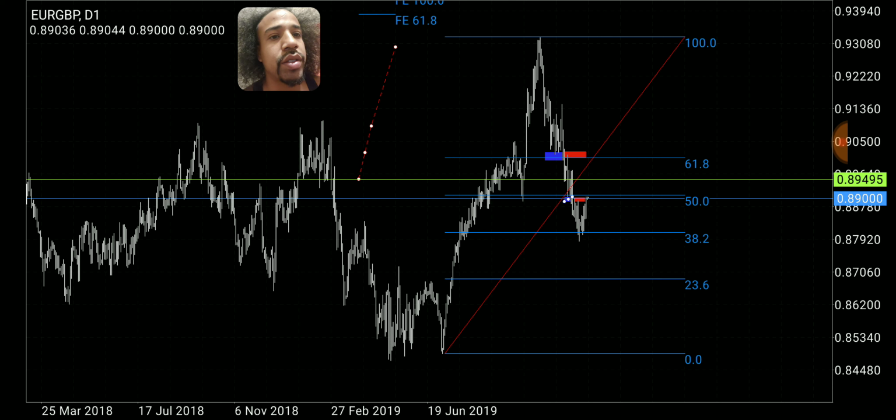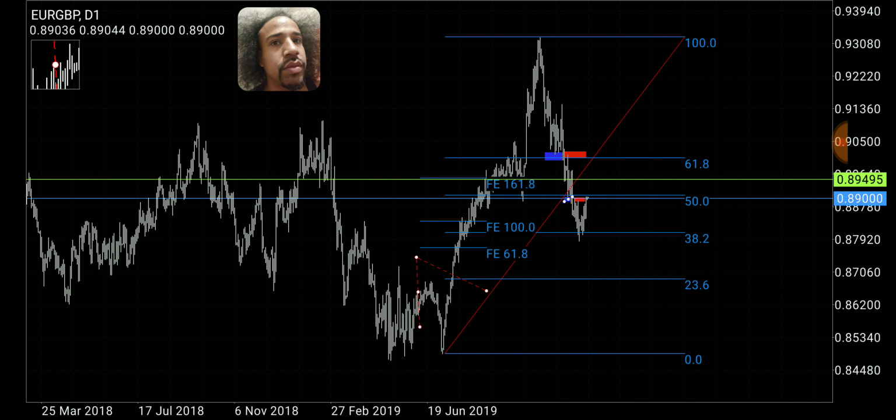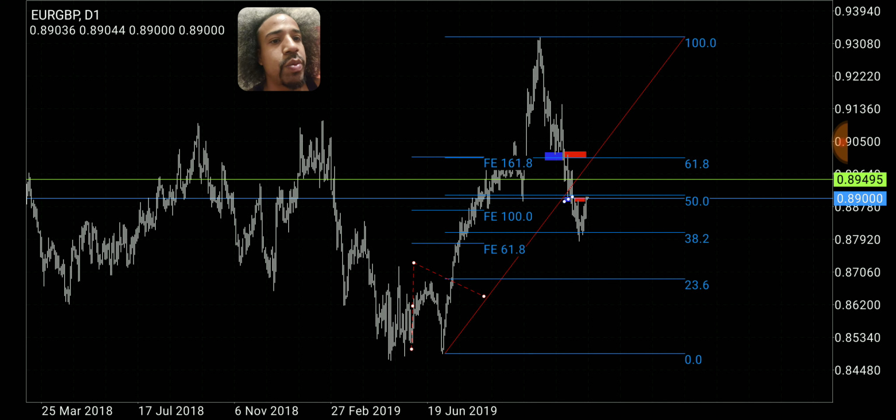Not sure why this isn't working for me right now. Okay, there we go. So this is the Fibonacci expansion tool.